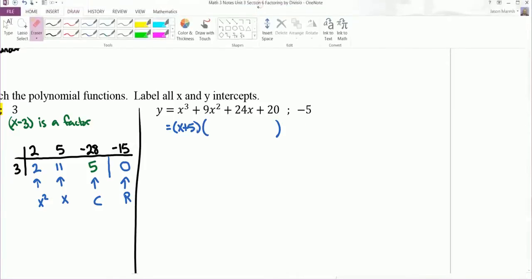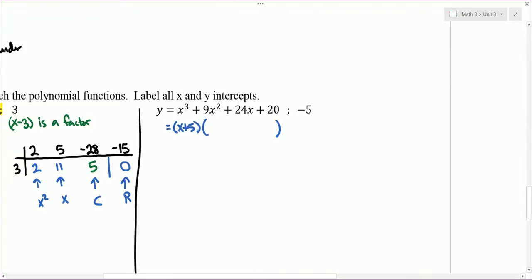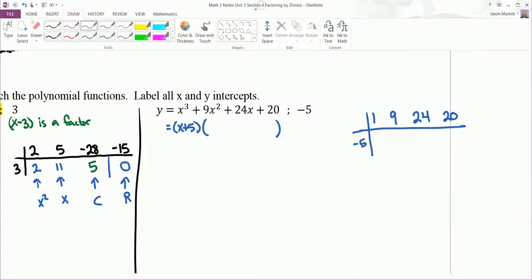To find the missing something, we're going to use synthetic division. We have 1x to the third, 9x squared, 24x, and 20. We're dividing by x plus 5. The x-intercept is negative 5, so we put the negative 5 here. And then go through the process.